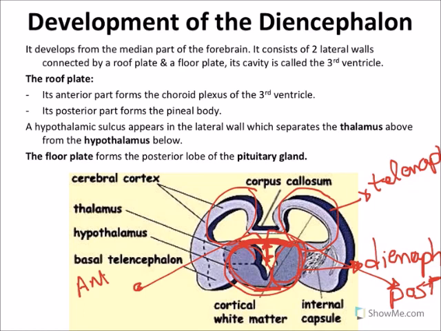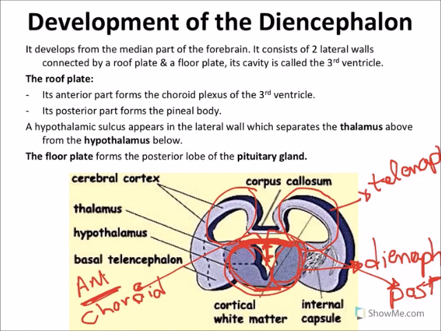The choroid plexus is developed from the anterior part of the roof plate. The choroid plexus, which will secrete the cerebrospinal fluid inside the cavity of the third ventricle, will be developed from this part.